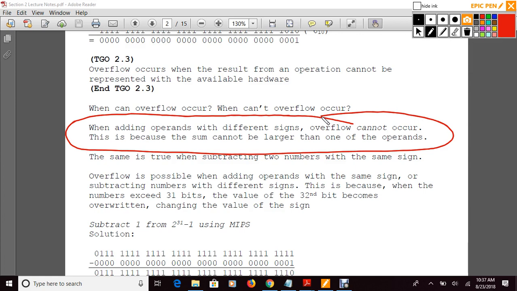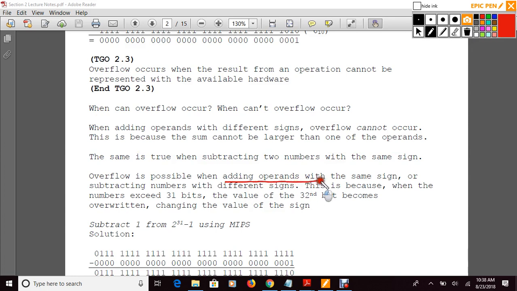It's not possible for it to overflow. Whereas if I'm taking 2 positive values and I'm pouring more in, that's where you're going to get overflow as well.